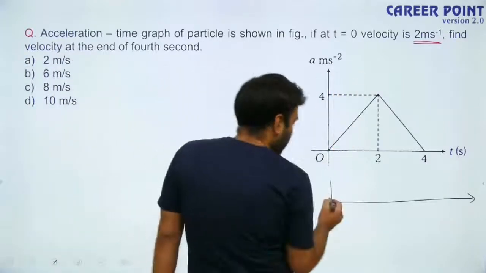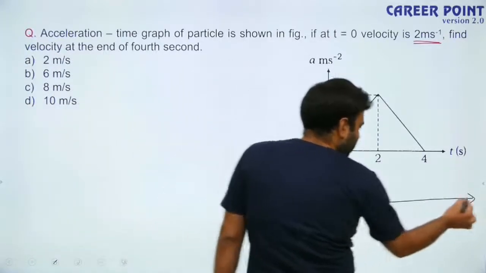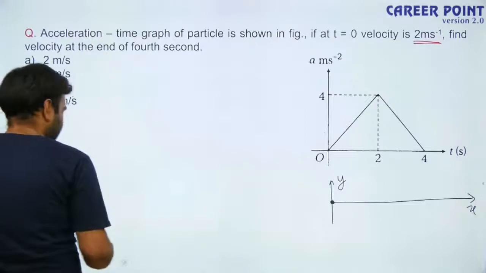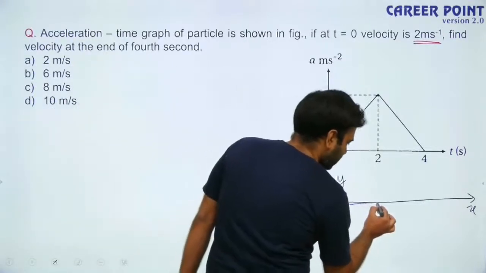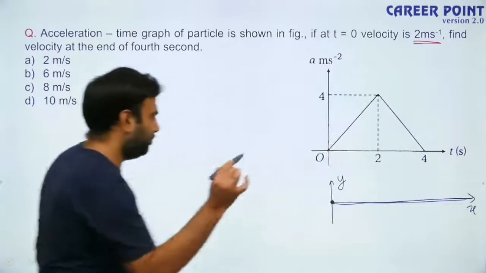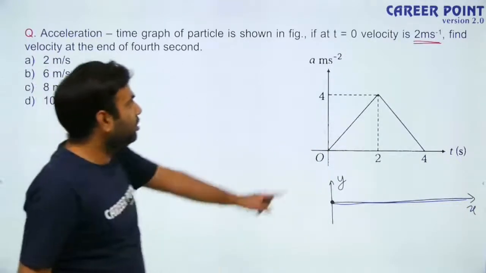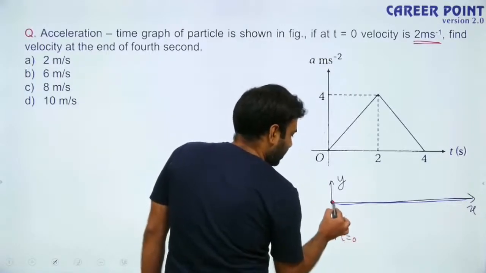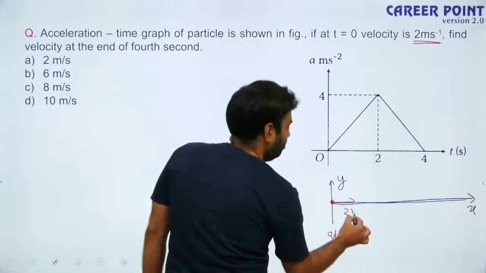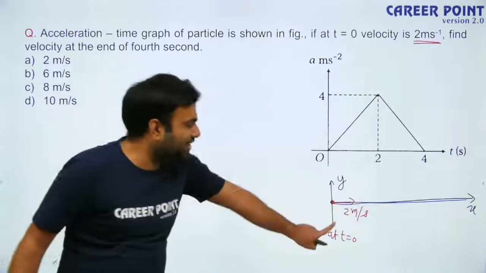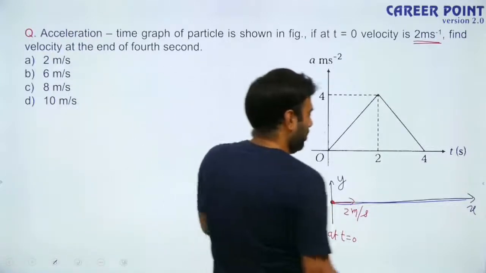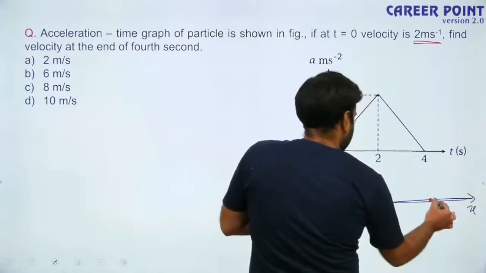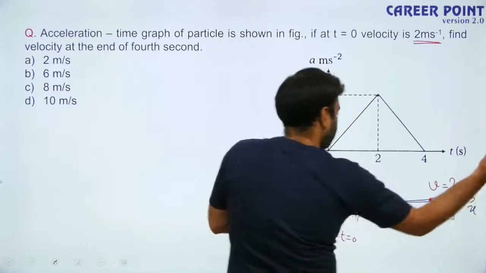Now see, suppose initially displacement is 0. This is the x-axis, and suppose the particle is moving along the x-axis in this line, like this. Initially at t equals 0, its velocity is 2 meters per second, and at t equals 4 seconds, you have to tell me the velocity of the particle.